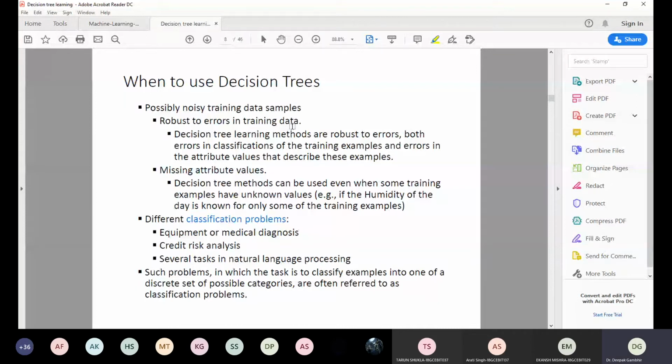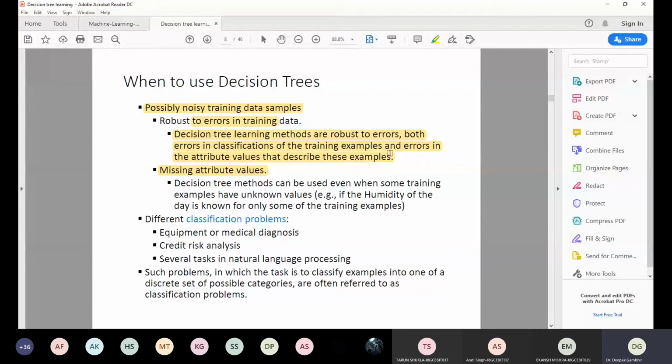I have already told you that decision trees are robust to noisy data or missing data. Decision tree learning methods are robust to errors, both errors in classification of the training data and errors in the attribute values that describe these examples.